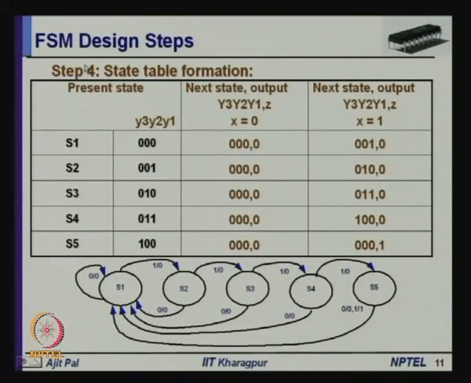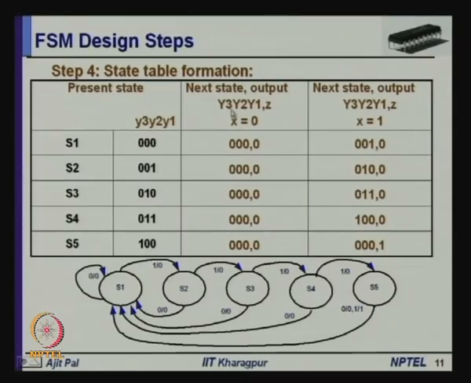In this particular case, from the truth table that I have shown, that means the state table of the finite state machine, usually for a combinational circuit we call it a truth table, and for a sequential circuit we call it a state table. They actually represent the same thing. For this state table you have to realize Y3, Y2, Y1 and z.